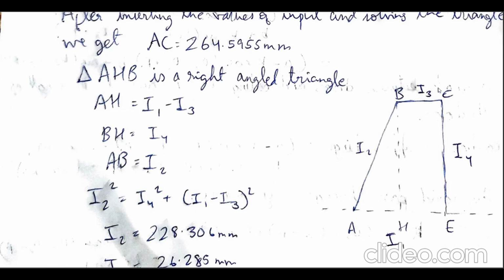Now, this is our second dead center configuration when alpha equals 0 and points C and D coincide. As you can see here, ABH is a right angle triangle. And here AH equals L1 minus L3, BH equals L4, and AB equals L2.